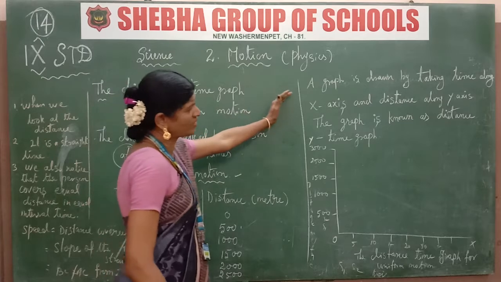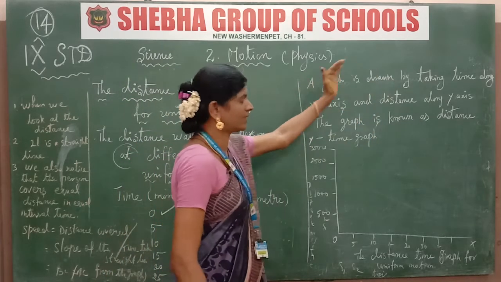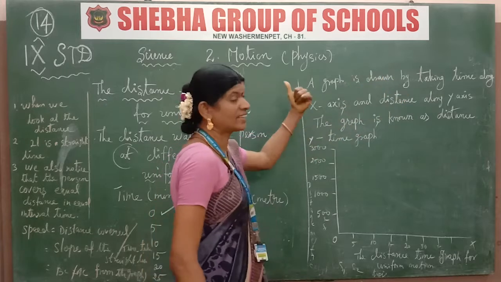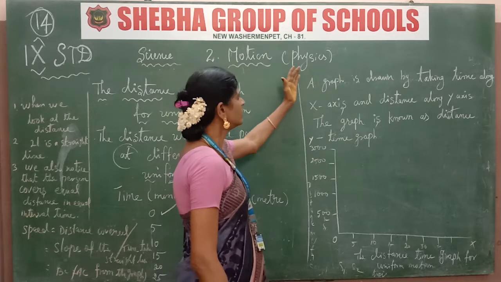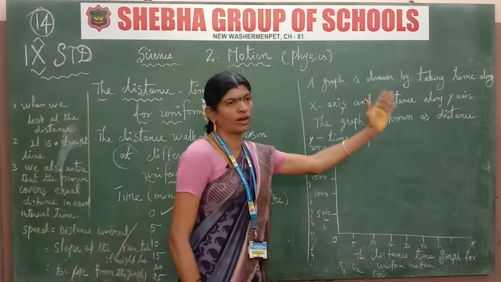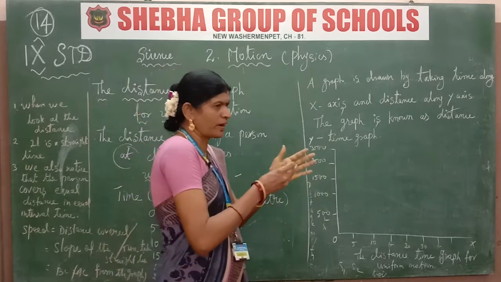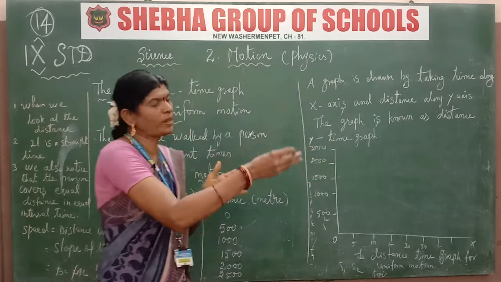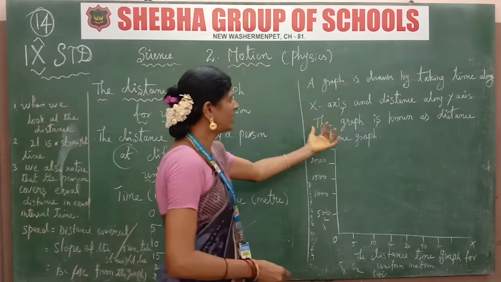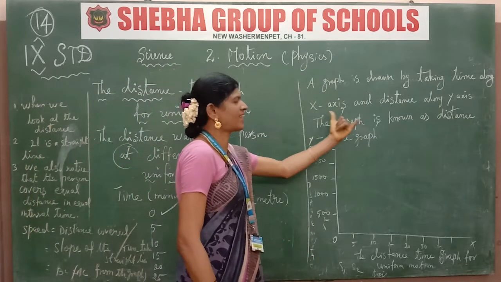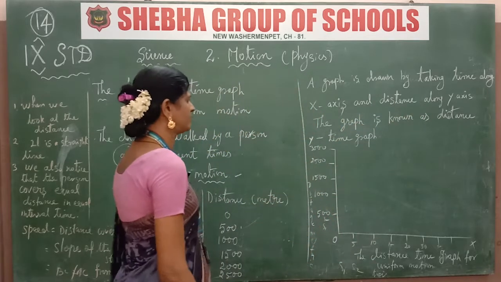So the graph is drawn by taking the time along the x-axis and the distance along the y-axis.